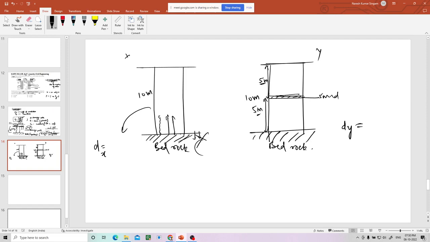Water can go here, of course, in the sand, and water can go up, and here water can go only to the sand layer. It cannot go down. Now tell me, what is the dy?